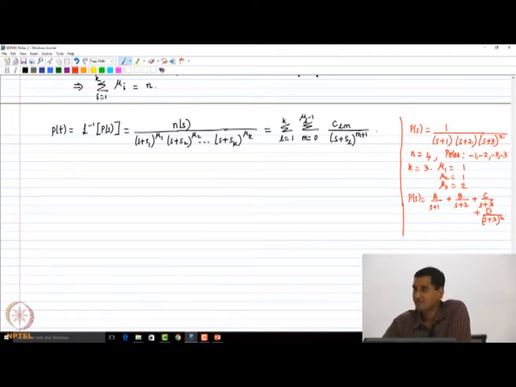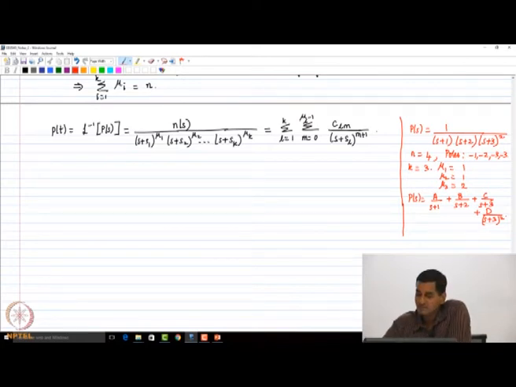That's the same thing I have done in compact form, using the summation. So I have essentially 3 unique non-repeating poles, and for each pole I am summing inside once again, because there can be multiplicities.